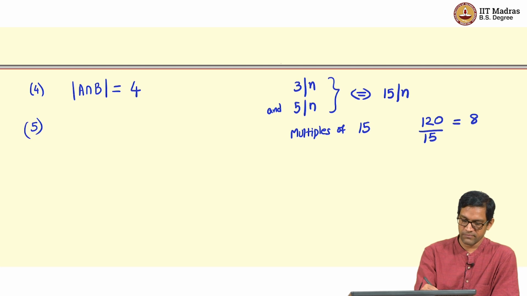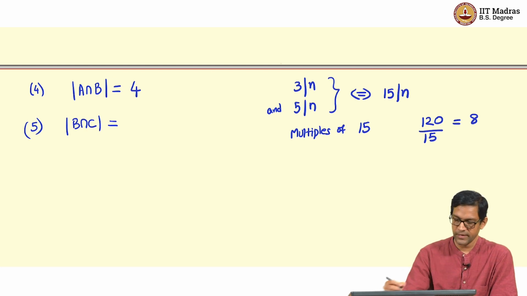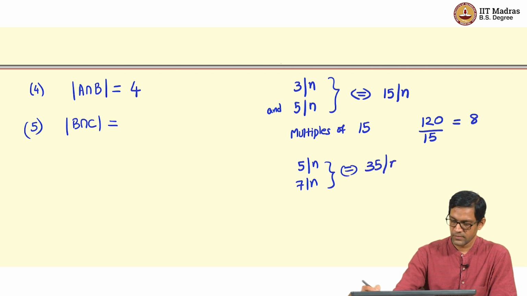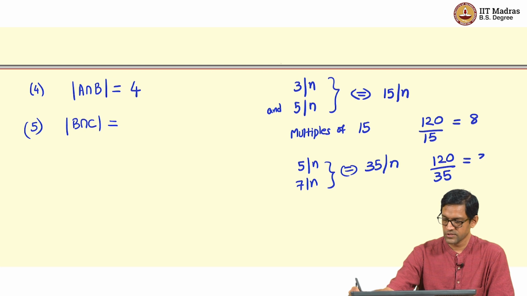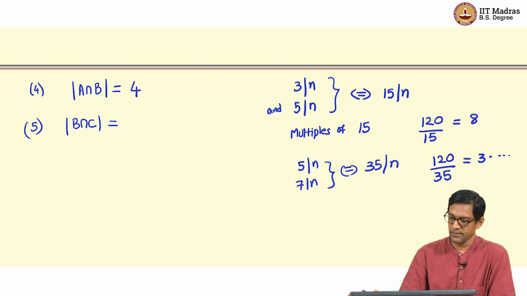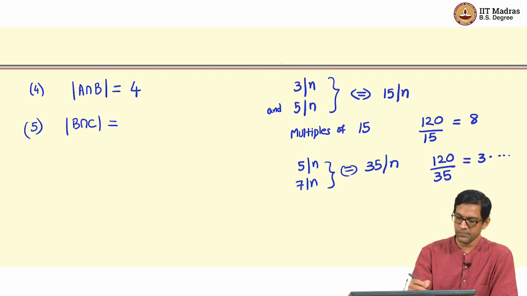Now the others are very similar: B intersection C and A intersection C. B intersection C means I am looking at numbers divisible by 5 and 7, in other words numbers divisible by 35. When I divide 120 by 35, 35 times 3 is 105, so it is 3 point something, so there are only 3 multiples of 35, and again the first and the third multiple, 35 and 105, are odd.